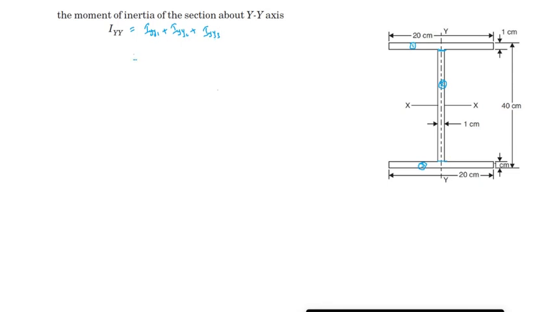So this is the first one, that is 20, and here this will be 1 centimeter, 20 centimeter, 1 centimeter. The other one is like this, having 1 centimeter thickness, and the total length we can take as 38 centimeter, and the third one is like this, that is 20 centimeter and 1 centimeter.